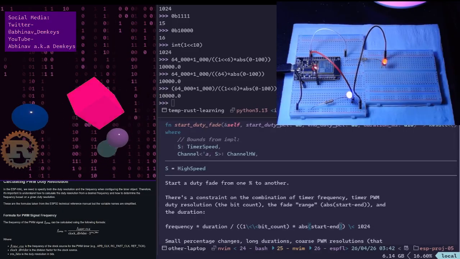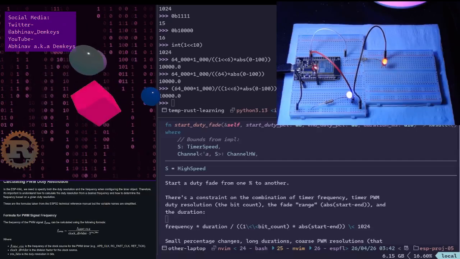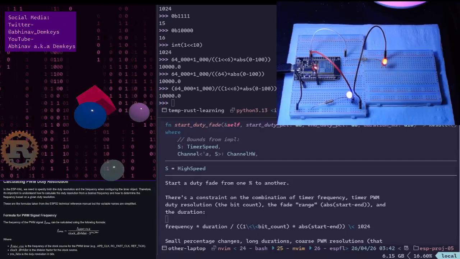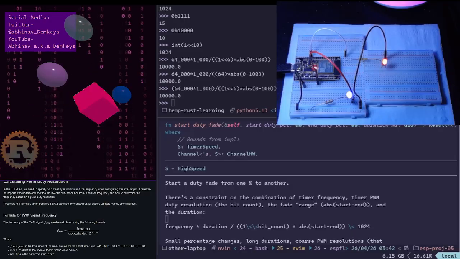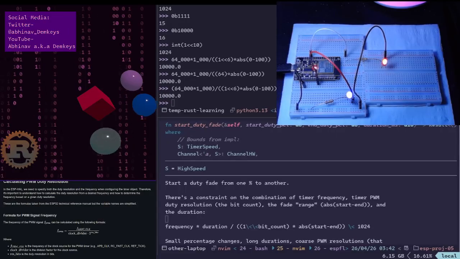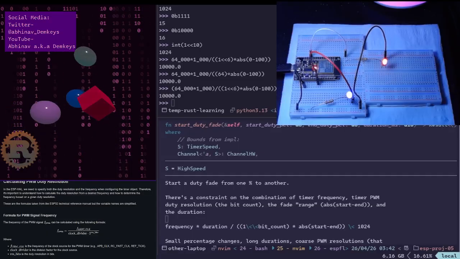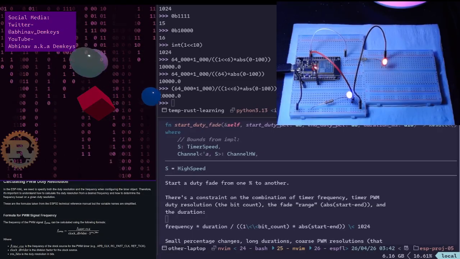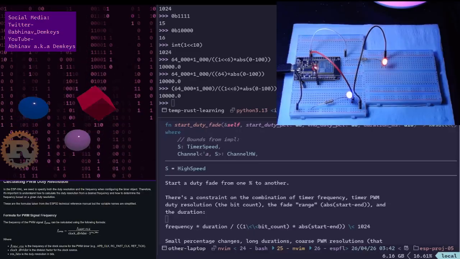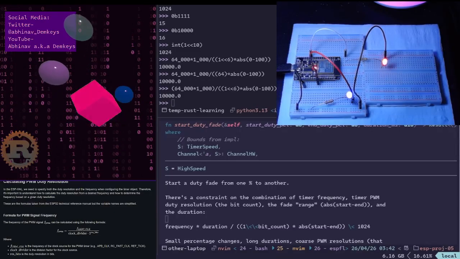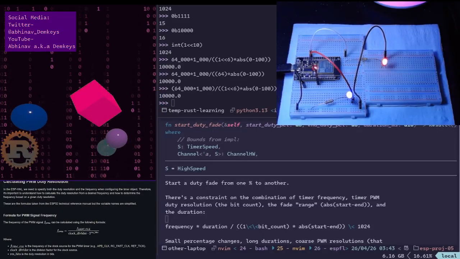So there's a constraint on the combination of timer frequency and timer PWM duty resolution. Okay, timer frequency. We are setting a timer frequency. That is our 64,000, isn't it? That wouldn't be the 80 million, I'm assuming.